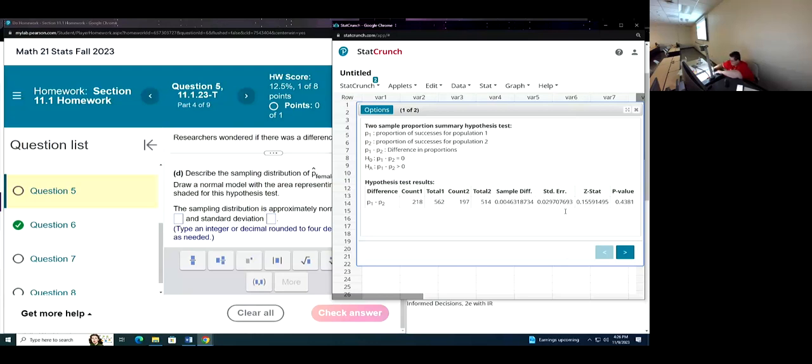So I'm getting a z-stat of 0.1559 1495. I don't know how many they're going to ask for, so I'm just writing them all down. P-value is 0.4381. And that standard error right there is the standard deviation.